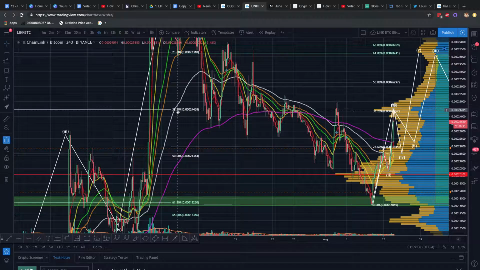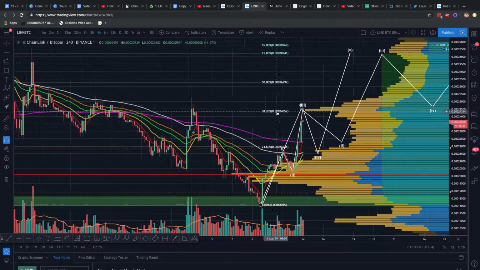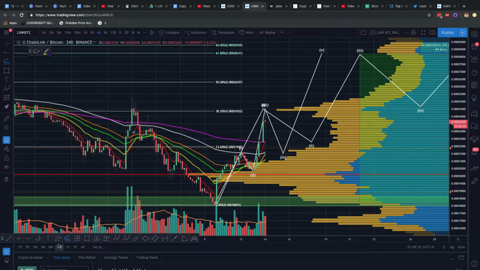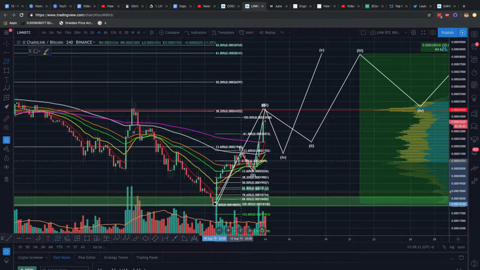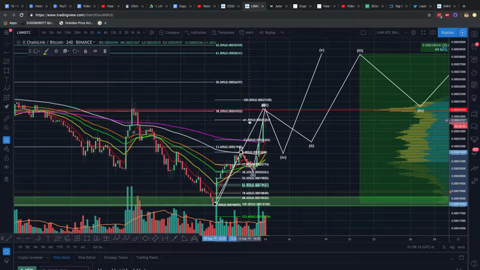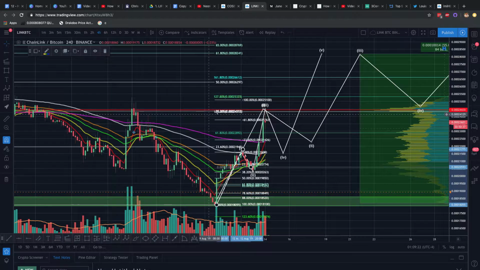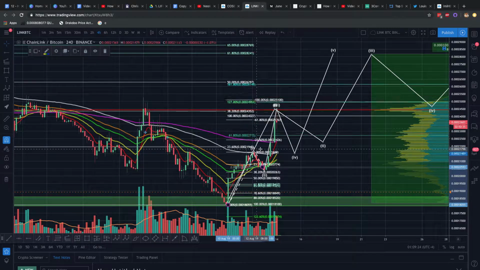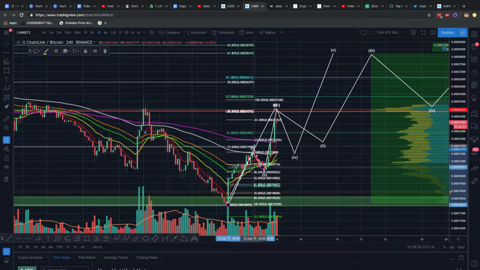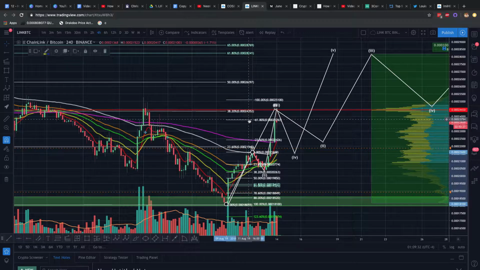So not only do we have the 38.2 of the entire structure and the 38.2 of the down structure, but from here to here, the Fibonacci negative 61.8, and on the Fibonacci extension, the 100. You can't really see it, but there's the 100. You can see the 100 is right there, and it lines up perfectly. So that's exactly where we would take our profits.